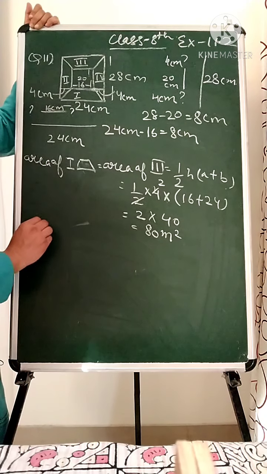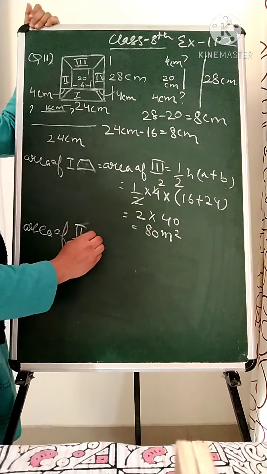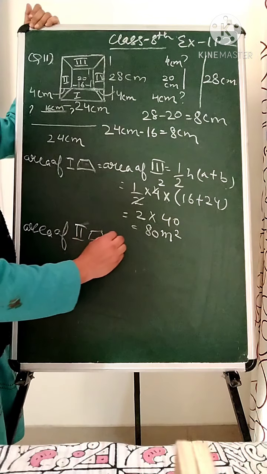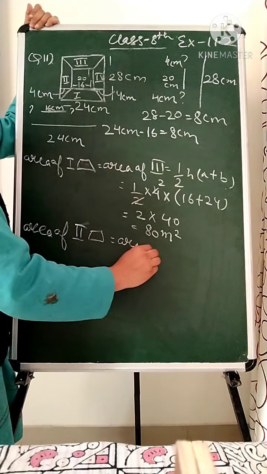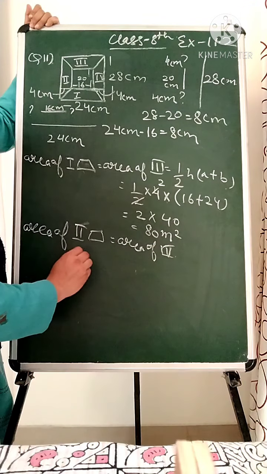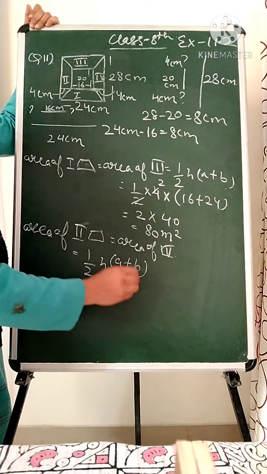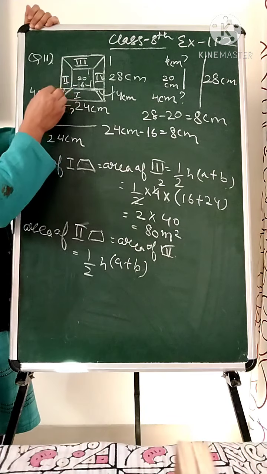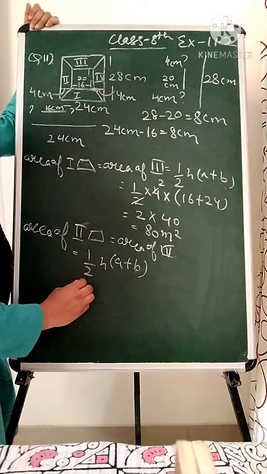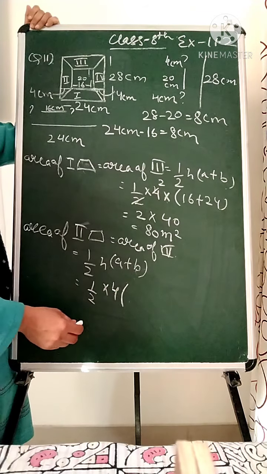Clear? Now, area of second trapezium and area of fourth trapezium. Clear? 1/2 height into (A plus B). See this? What is the height? Here is 4 centimeter. 1/2 into, what is the A?